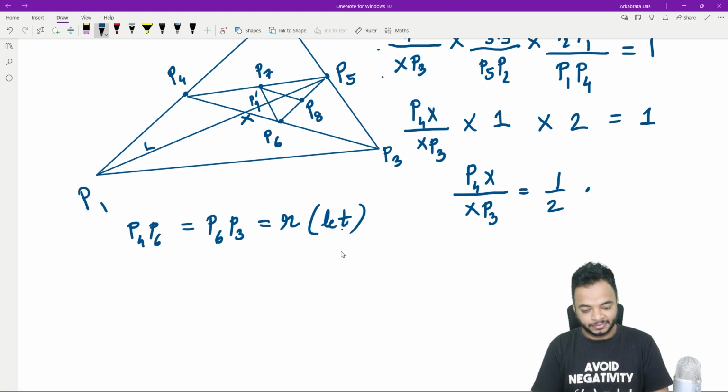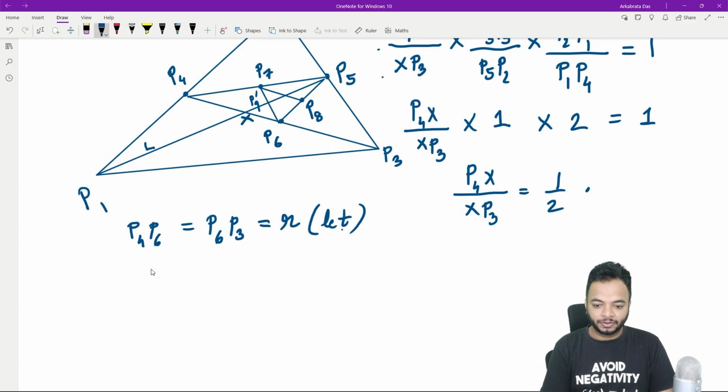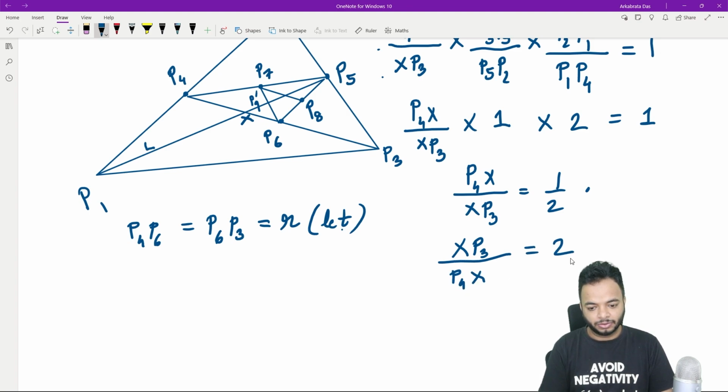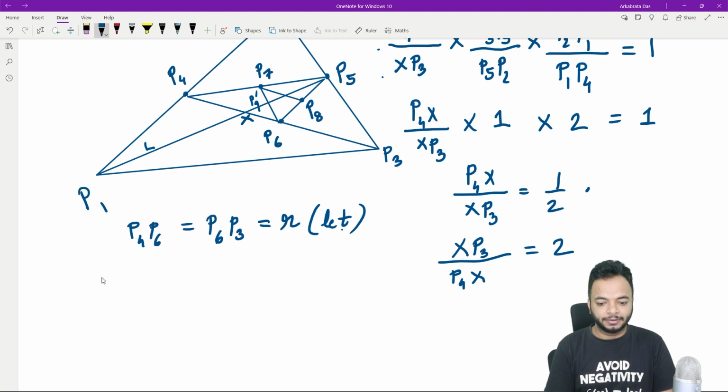So here if you notice that, let's reverse it. So I get x P3 by P4x equals 2. Okay, let's see.